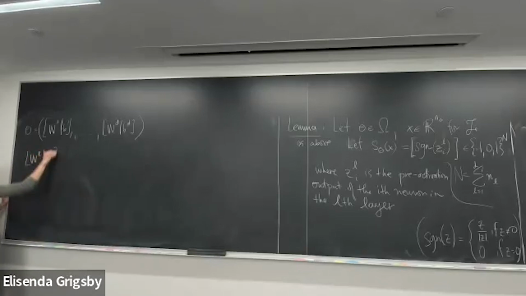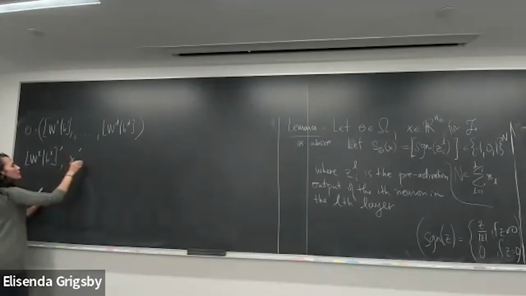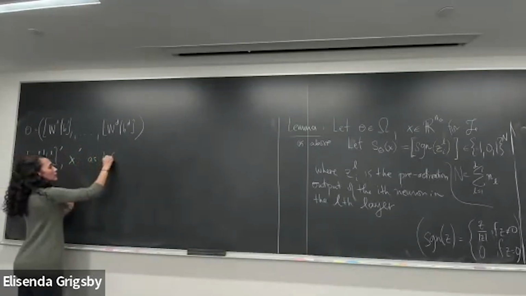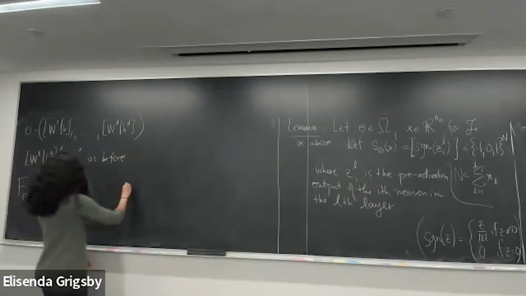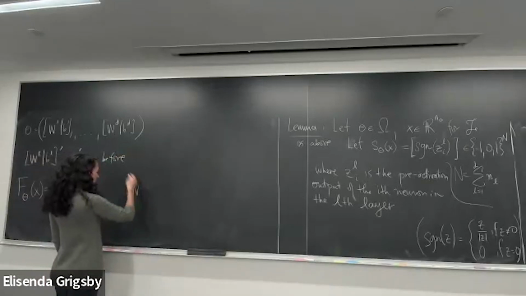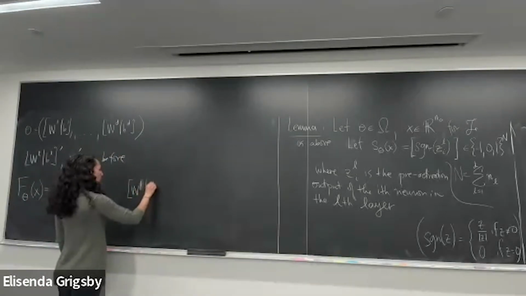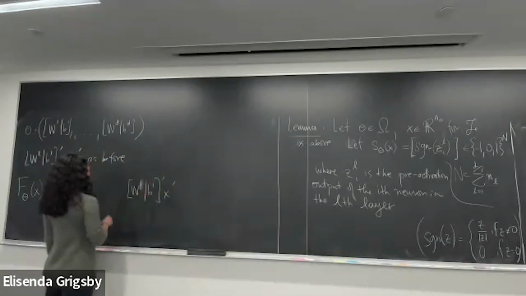I'm going to use the same notation as before, so these represent the augmented weight-bias matrices and augmented input vectors. Then in this case, f theta of x is W_D times ... times W_1 times x.